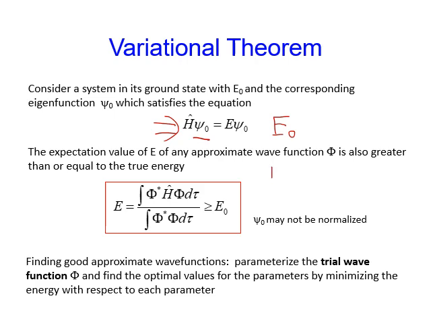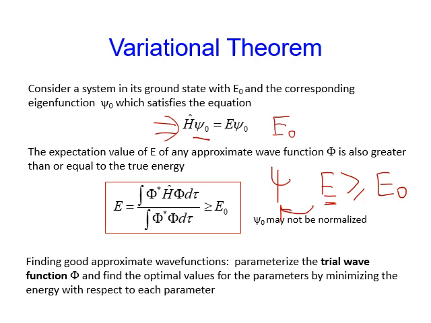If we have an approximate wave function, the variation theorem says the energy associated with this approximate wave function is always greater than or equal to the true energy. And therefore, if we can somehow minimize the energy of this wave function, then we can approach the true wave function and the true energy.